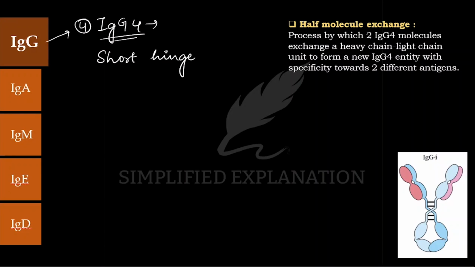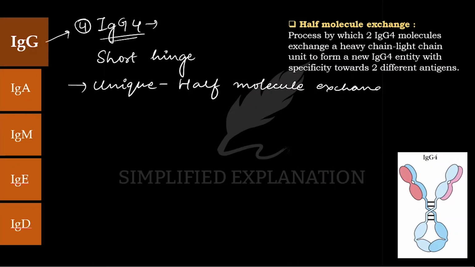The unique property, if we see here, is half molecule exchange. IgG4 can undergo half molecule exchange, which can also be termed Fab arm exchange.